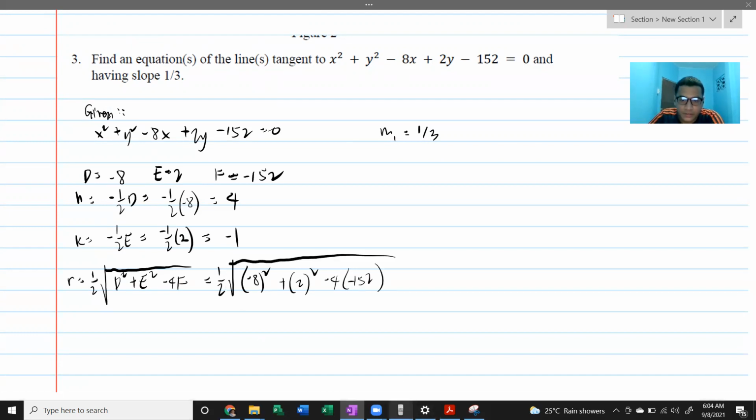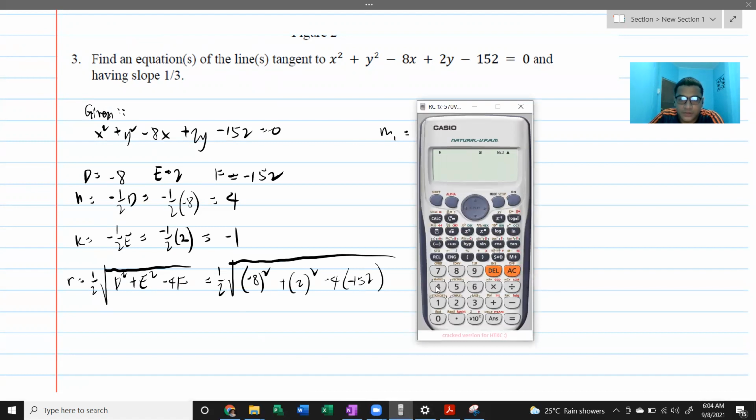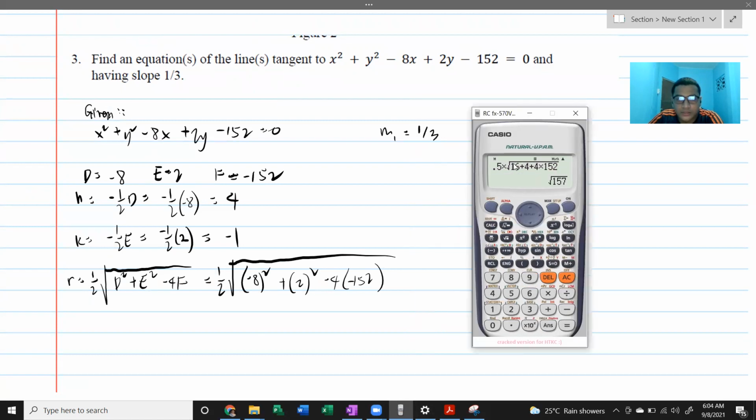Okay, so what will be our radius? 0.5 times the square root of 64 plus 4 plus 608, which is 676.